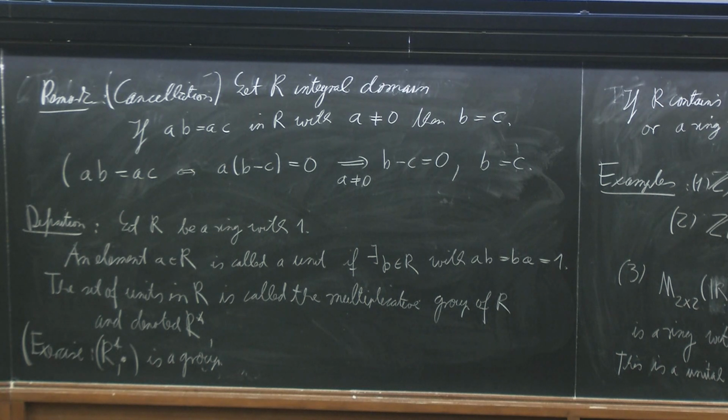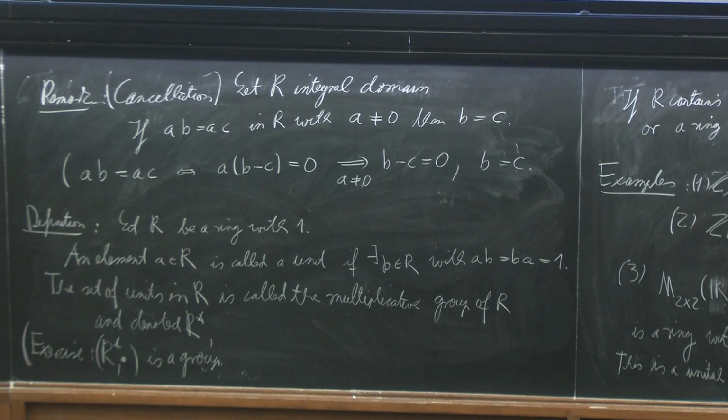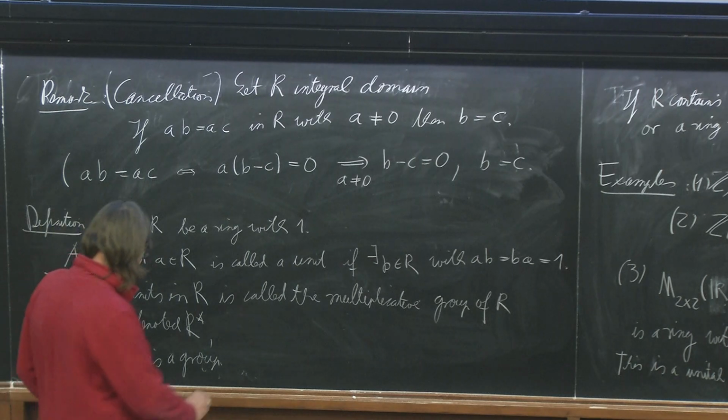We know that R star contains a neutral element, namely the neutral element of R, and it has an inverse element for any element in it. That's the definition of a unit. And finally, if I take the product of any two units, then (A times B) to the minus 1 is B to the minus 1 times A to the minus 1. So a product of two units is also a unit. So we have a group.